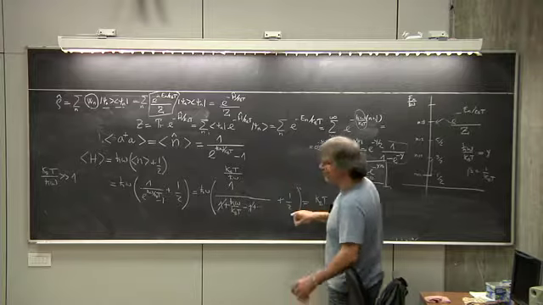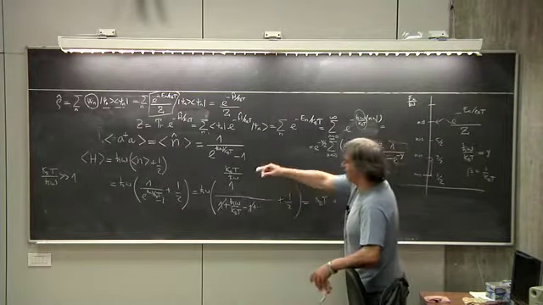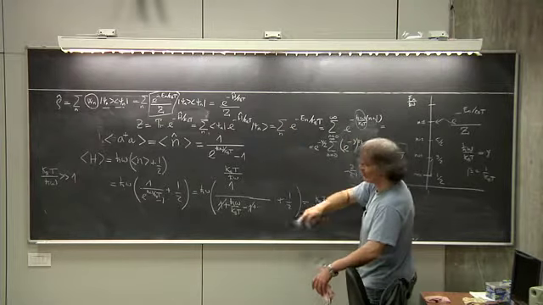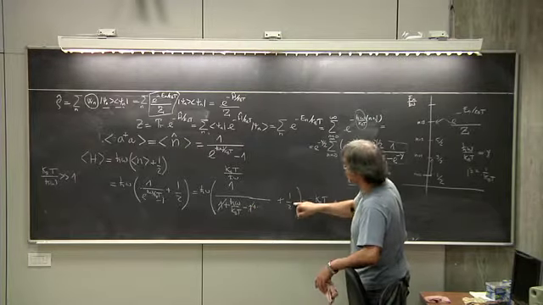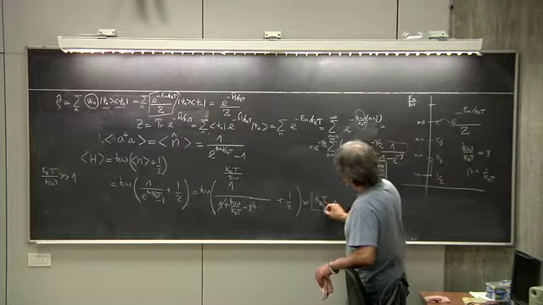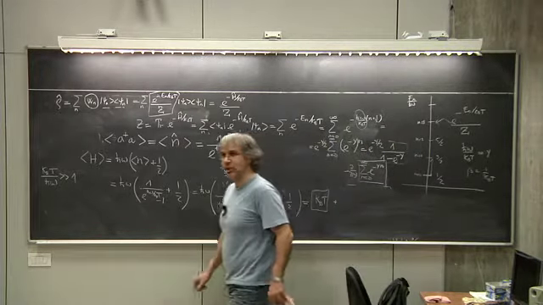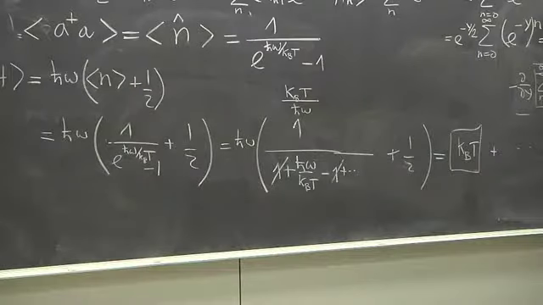Obviously, there is this 1/2 h bar omega, which is the ground state energy, but I'm neglecting even more important things from this expansion, so there is no need to keep it. So the average energy of this oscillator is kBT, which reproduces very well what you know from classical physics, the equipartition theorem: half a kBT for each degree of freedom which is quadratic. So there is the result.